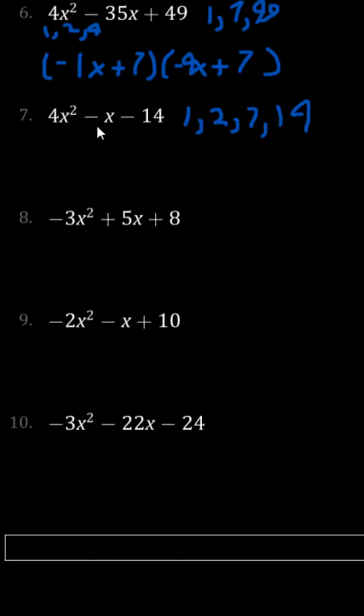We have 4x squared, and we need to be making a -x. Okay, so between 7 and 2, if we were to multiply 4 by 2, we would get 8, and that gives us a difference of 8 and 7 of 1. So we will probably be using the 2 and 7, and the 4 and 1 from the 4.